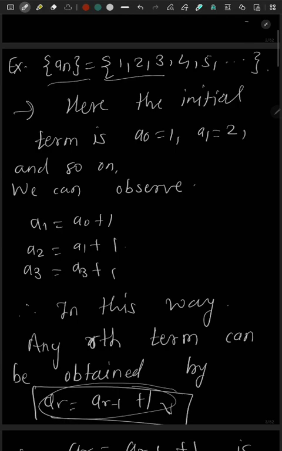Here we can observe that the first term is a0, the second term is a1, and we are going to denote it from 0 and so on, going above and above. a2 is the third term, a3 the fourth, a4 the fifth and so on.